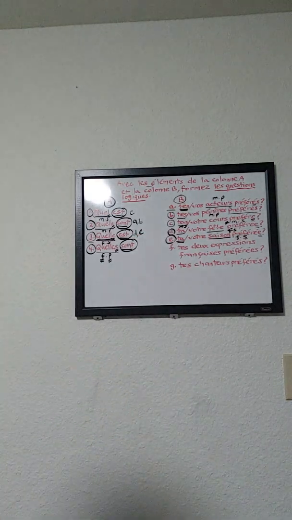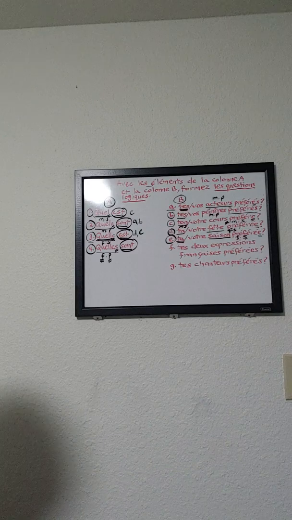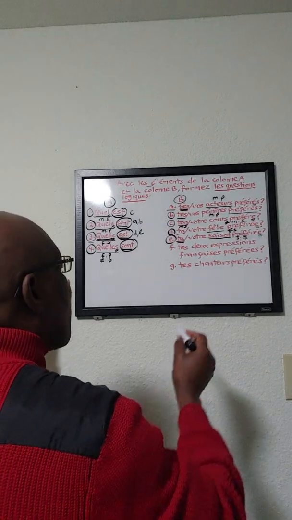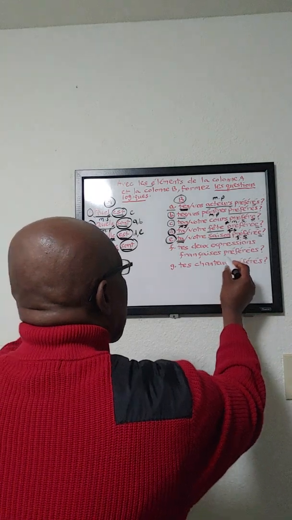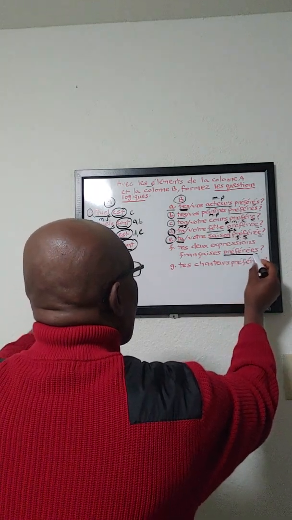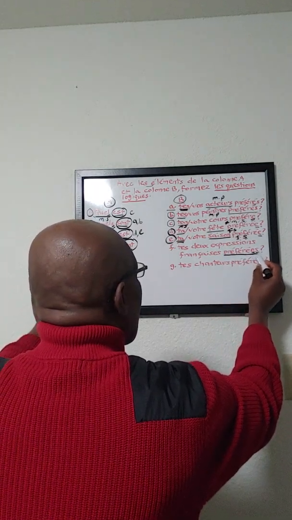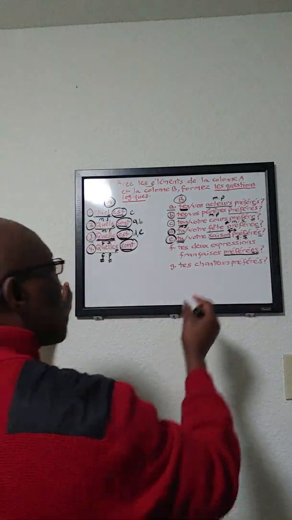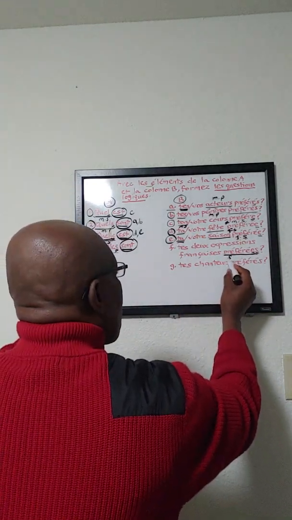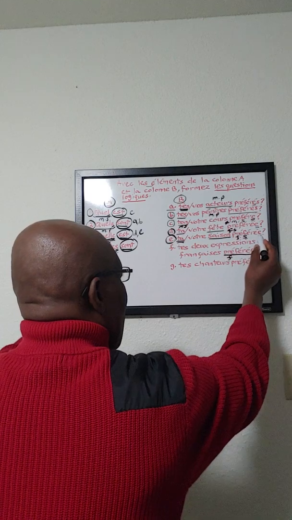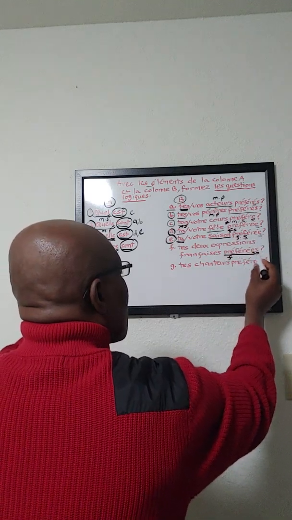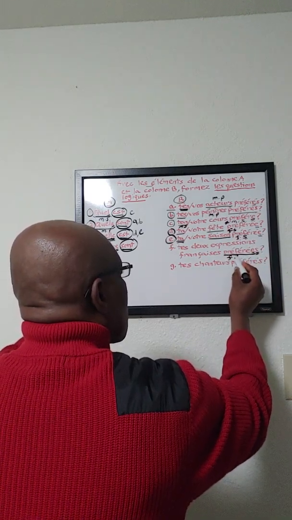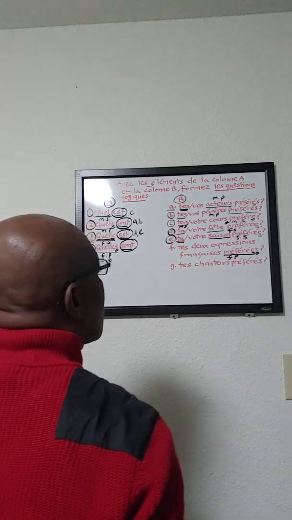Okay, if you go to F, numéro F, you will see that you have préféré here with E and S. So it's feminine, right? And it's plural because of the ES.